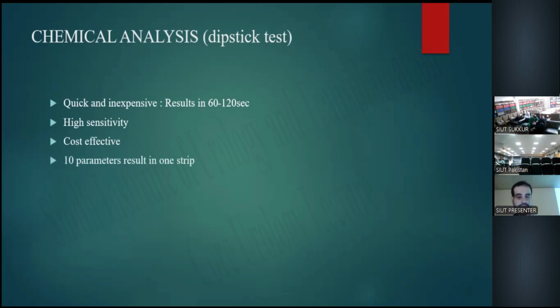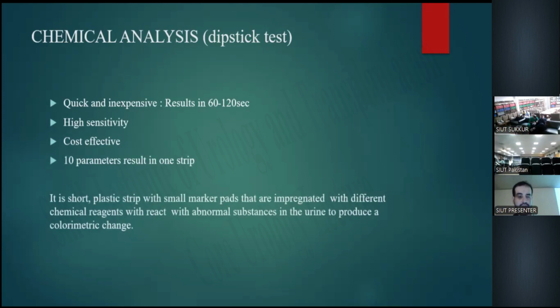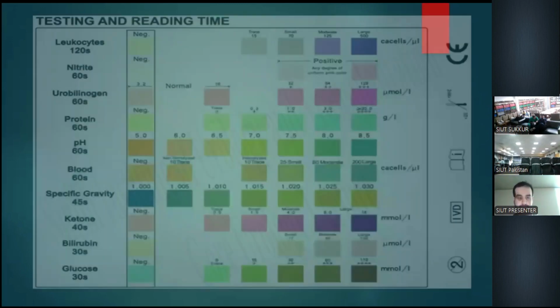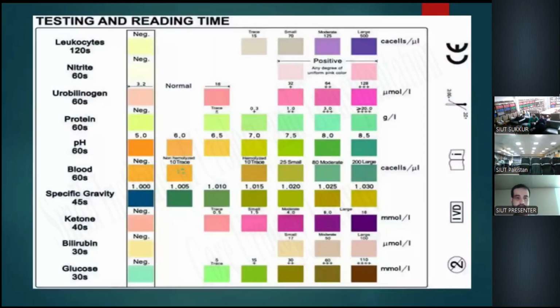It's a short plastic strip with small marker pads that are impregnated with different chemical reagents, which react with the urine substances and produce a color change. This is the leaflet of the urine dipstick.